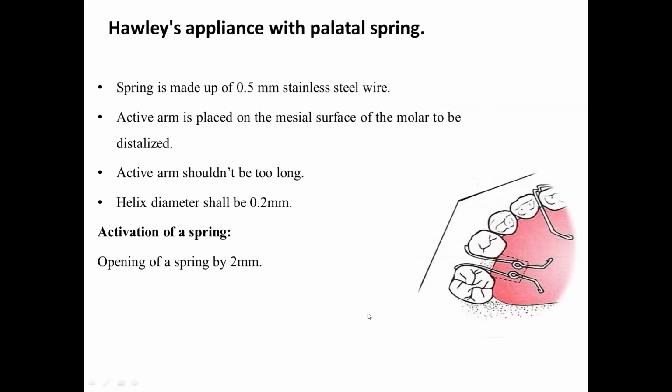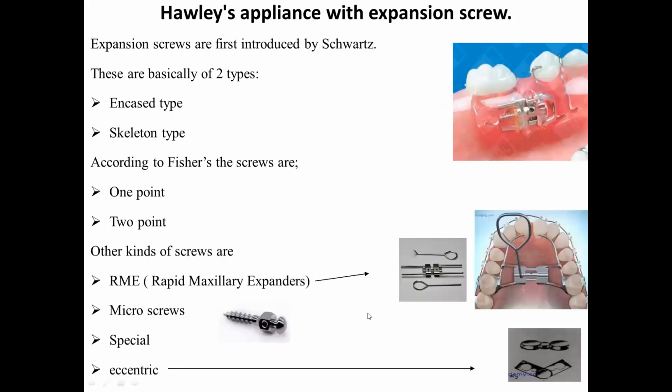Now, the Hollis appliance again with the expansion screw. You see here, the design is the same, but we did not incorporate springs over here. We did not incorporate any dumbbell kind of appliance over here. Rather, we are giving some kind of screws over here. So this is called an expansion screw.